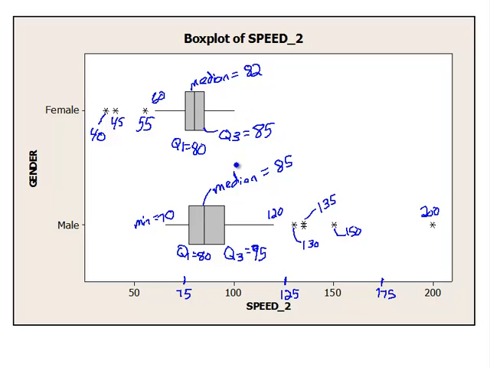And then the maximum value looks like about 100. So the 5-number summary for females would be a minimum value of 40, Q1 at 80, the median Q2 82, Q3 85, then the maximum 100. We're going to use these values to answer the following questions.